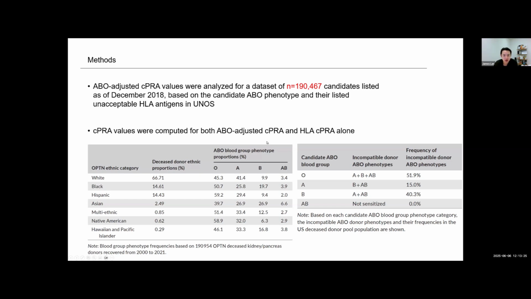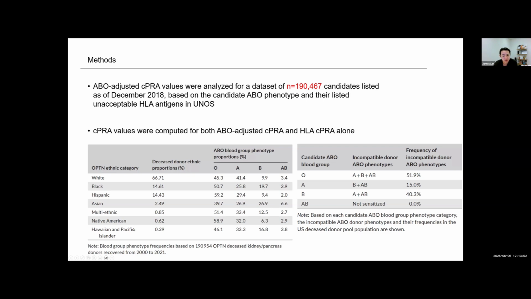What we're seeing here is that the ABO distribution is very interesting, because depending on your ethnicity, the distribution of ABO blood group is quite different. If we look at Caucasians, for instance, 45% of them are blood type O, 41% blood type A, and the minority are blood type B. But compared to other ethnic groups, for instance, Asians, the proportion that are blood type B is quite a bit more.